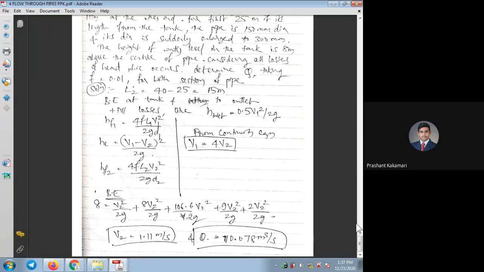What I'll do now, as I know the V2 value, I'll substitute in the second Darcy-Weisbach equation, that is HF2. In HF2 I'll substitute 4 into 0.01 into 15 meters, because the L2 length is 15 meters, into V2 square by 2G.